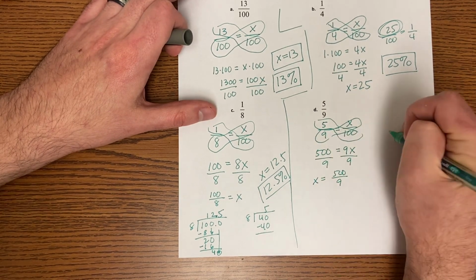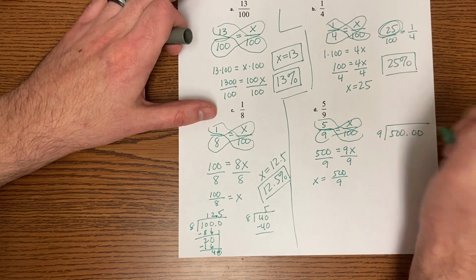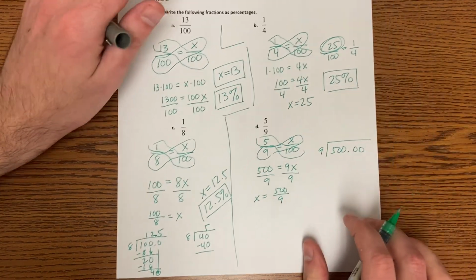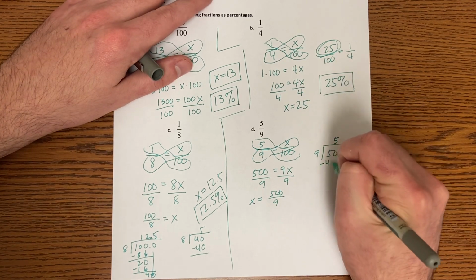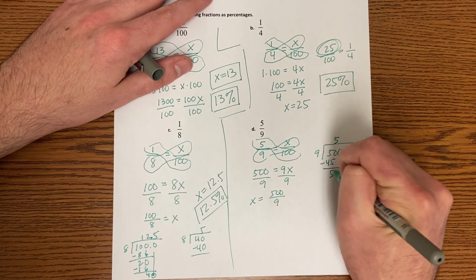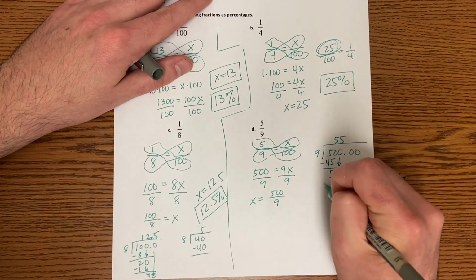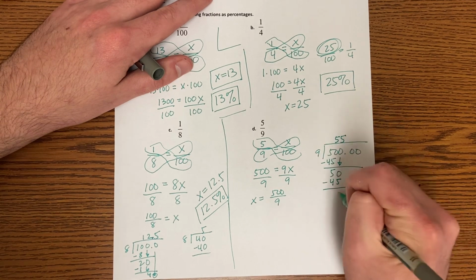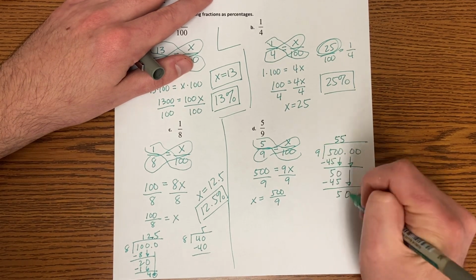And again, this is going to require division. 9 into 500. Let's add 2 decimals just to make a point. 9 goes into 50 5 times. Subtract 45 to get 5. Bring down the 0. It's 9 into 50 again, 5 times. Subtract 45, get 5. Bring down the 0. 9 into 50.